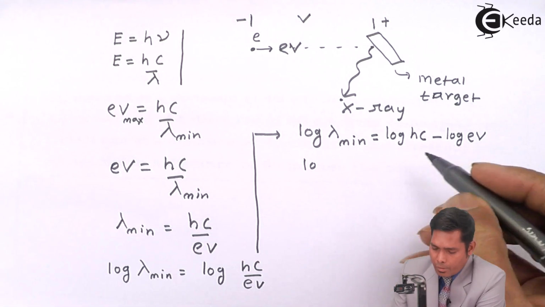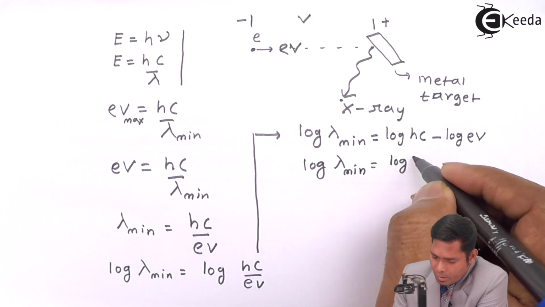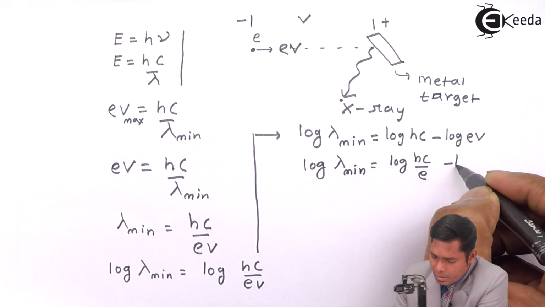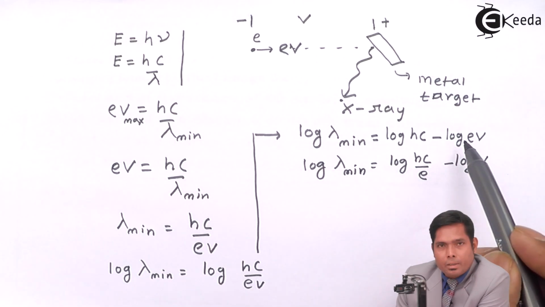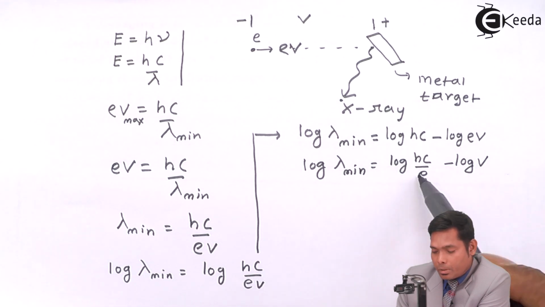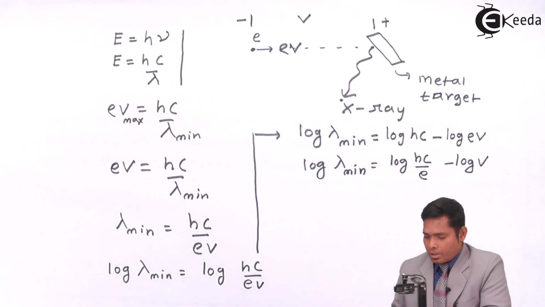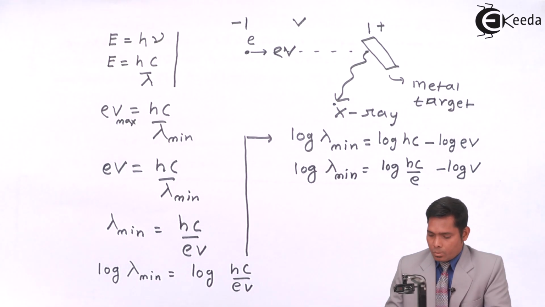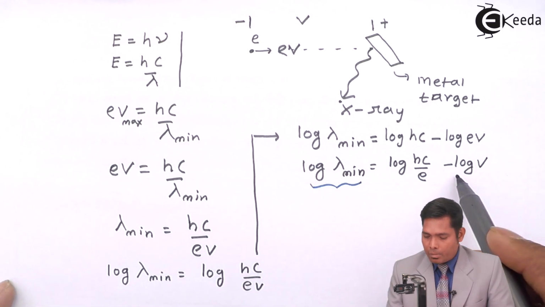Then log of lambda minimum is log of hc by e minus log of V. Or I could have expanded log eV further using log m into n is log m plus log n, and it would come to the other side because it is in the denominator. In any way, you can write it like this, because our question is to establish the relation between log of lambda minimum and log of V.